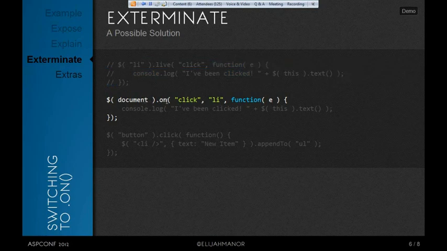So we could actually simulate that with the on. We'll tell it we want to select the document, because that's the same place live was sticking all its stuff. And we want to say on click for a list item, we want to run this function. What this does is stick this function and all this metadata on the document in a little array of metadata.